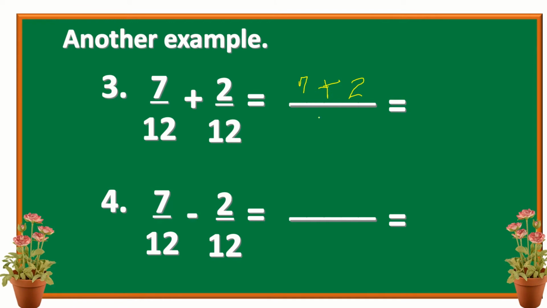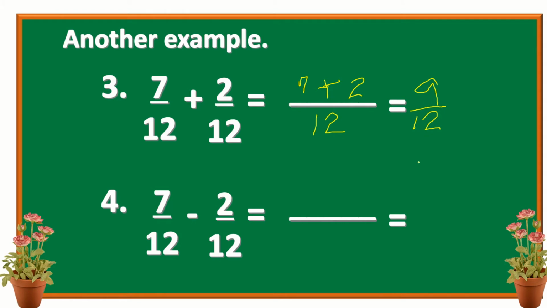7 plus 2 over 12. 7 plus 2 is 9 over 12. Mom, you may ask me, is this already the reduced form? No, this is not yet reduced. So we have to reduce this because the answer is still big and it can still be divided.